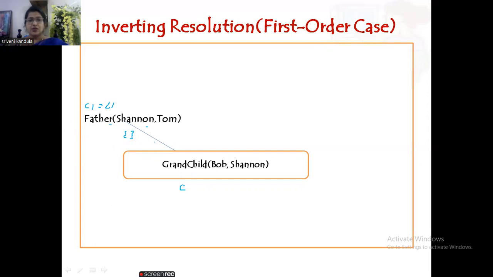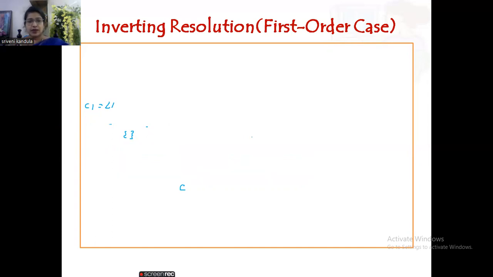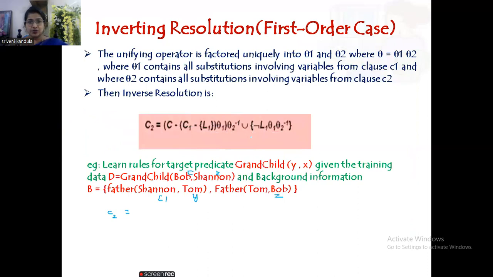Then we have to take a substitution for Shannon. We have already taken a substitution for Shannon; this we are taking as theta 2 inverse. One second, let me go back to this slide and show you the formula. From C1, I have to remove L1.